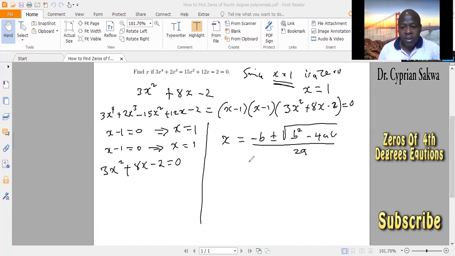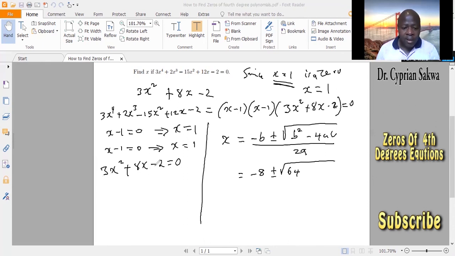This is the quadratic formula, where b is 8: minus 8 plus or minus the square root of 8 squared, which is 64, minus 4ac.